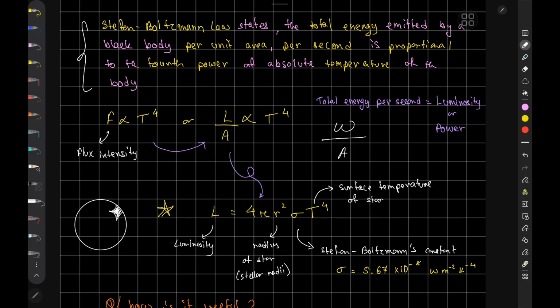How much energy is emitting out of this one small 1 meter square unit of area. So the total energy emitted by a black body per unit area, so work done by area, total work done by area per second, so time, is proportional to the fourth power of absolute temperature.